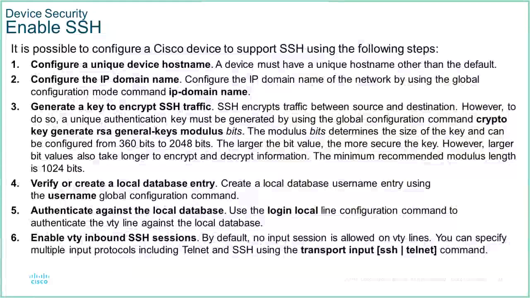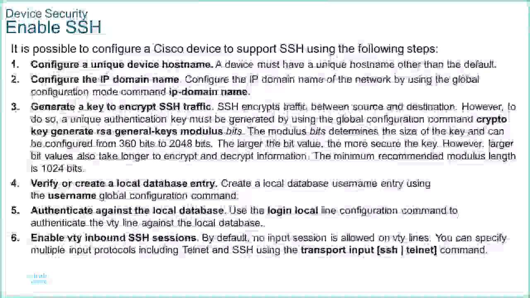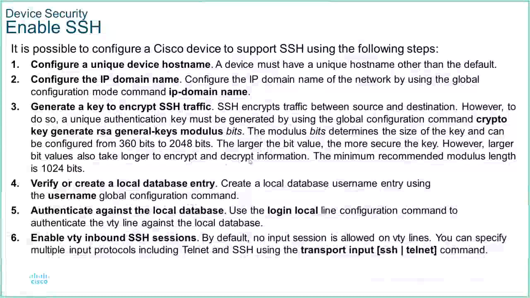Then you run a key generator with the command crypto key generate rsa general-keys modulus and the number of bits you're using. This generates encryption keys that are used to encrypt and decrypt the information. Minimum length recommended is 1024.